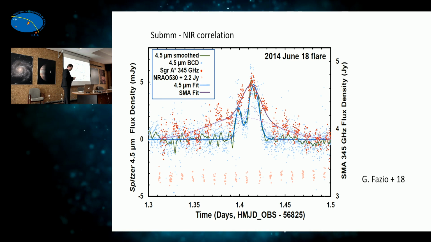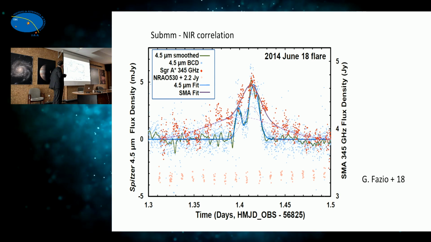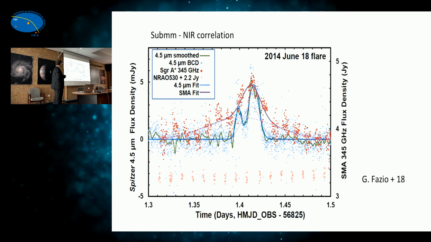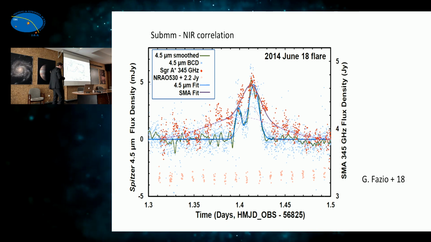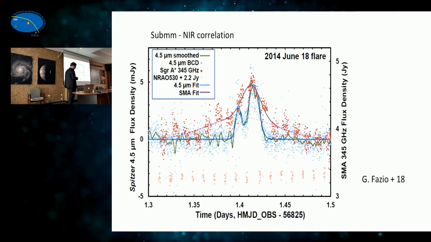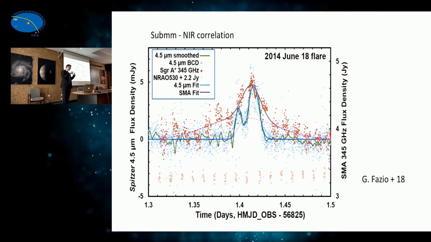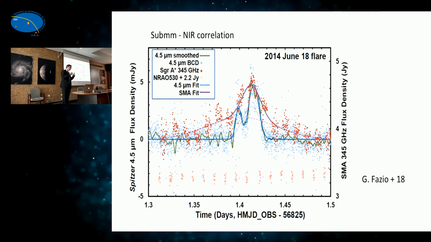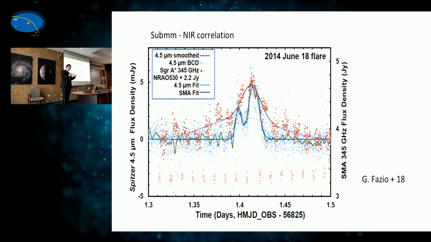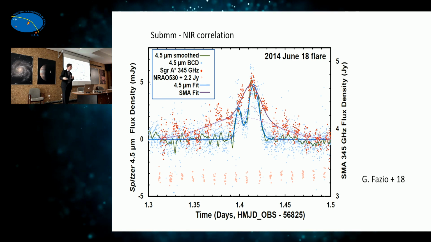understood yet. One of which is that we measured one continuous Spitzer light curve together with SMA in the submillimeter. And for the submillimeter infrared correlation, there was often discussed the possibility of optical depth effects, so that you have adiabatic expansion or similar models which require the submillimeter to be delayed with respect to the infrared.